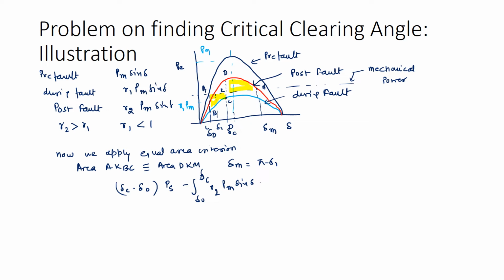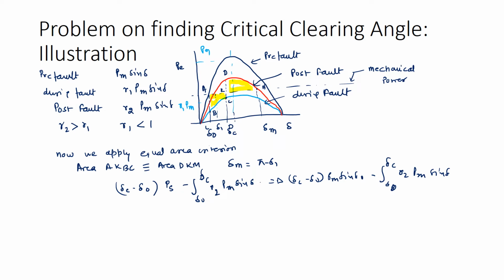And from here I can write PS is equal to PM sine delta naught. So, from here I can easily write delta C minus delta naught, PM sine delta naught, minus delta naught to delta C, R2 PM sine delta.